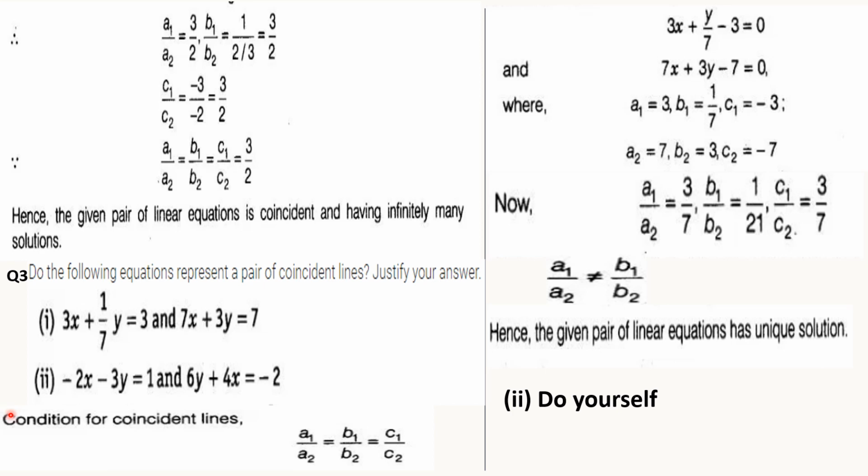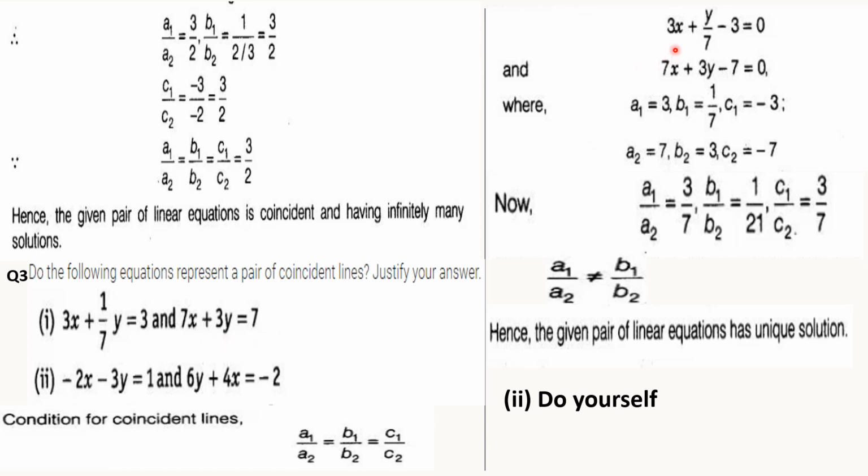First, recall the condition for coincident lines: the ratio a1 by a2 is equal to b1 by b2 is equal to c1 by c2, which are the ratios of coefficients of both equations. Let us take the first part: 3x plus 1 upon 7 y equals 3 and 7x plus 3y equals 7.